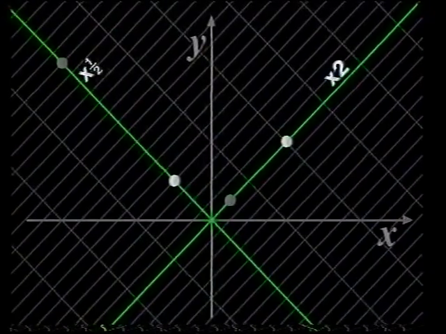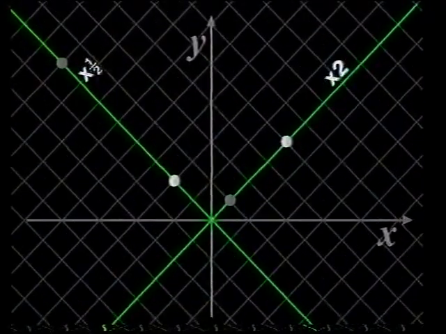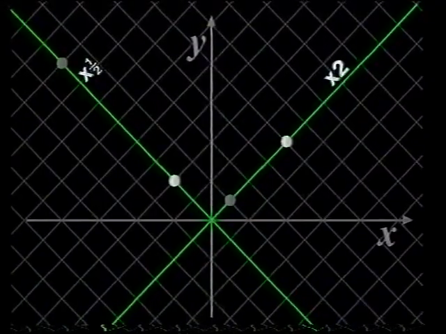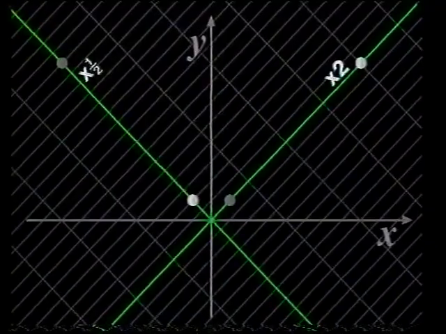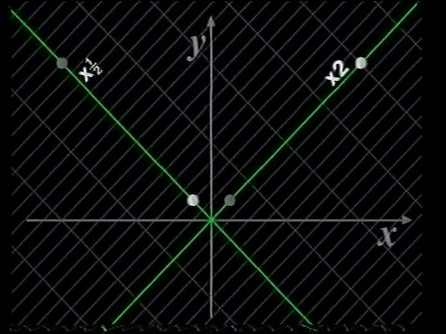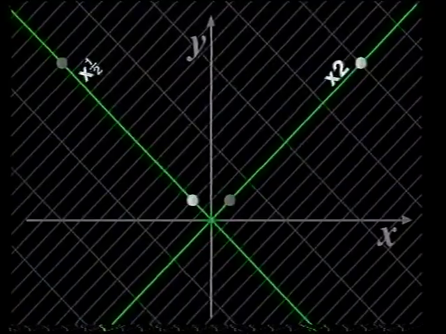To get the cube of the transformation, we have to apply the original transformation one more time. Now the points on the eigenlines have been scaled by factors 2 to the power 3 and 1/2 to the power 3. So that's what happens when we carry out the transformations for the square and the cube of the matrix.